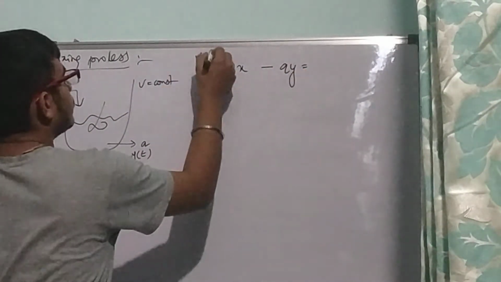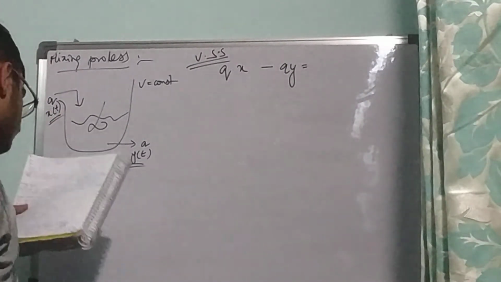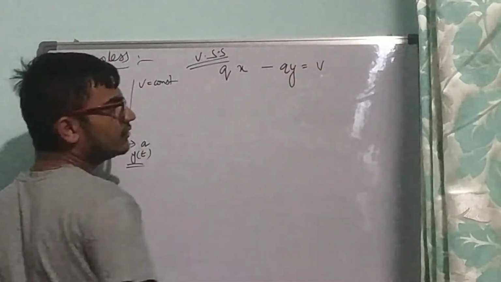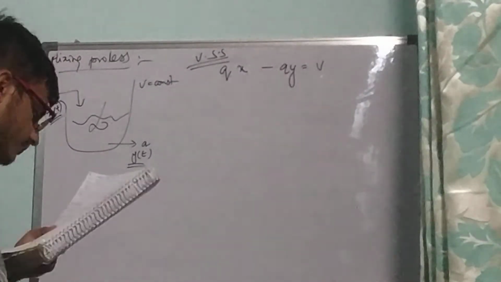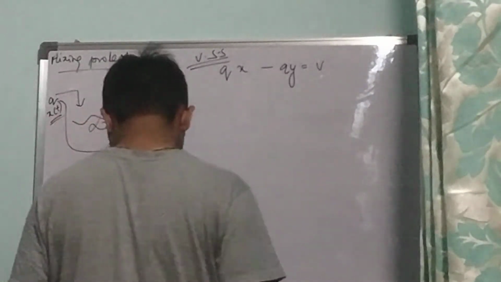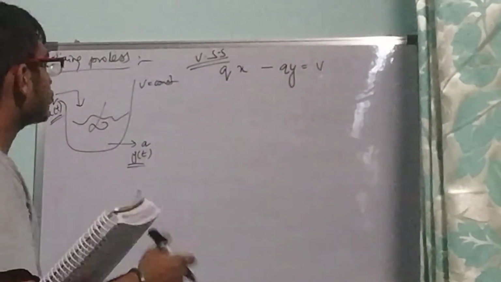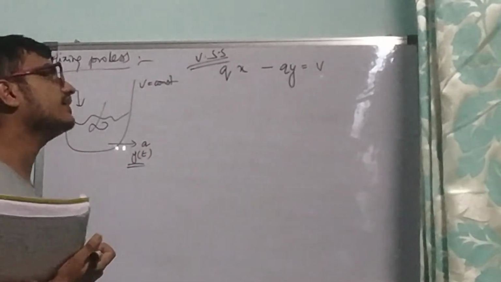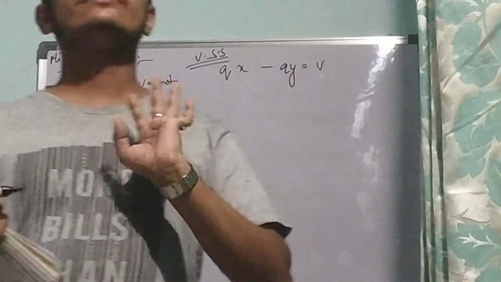This is an unsteady state, okay? Accumulation is volume into d by dt of Vy. Flow rate of salt is equal to flow rate of inlet. Here also you write mass balance for the component. That means inlet flow rate is equal to outlet flow rate.